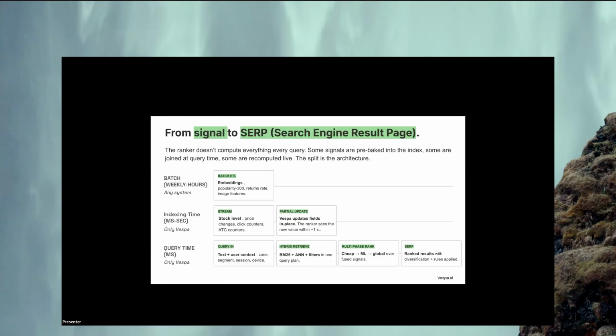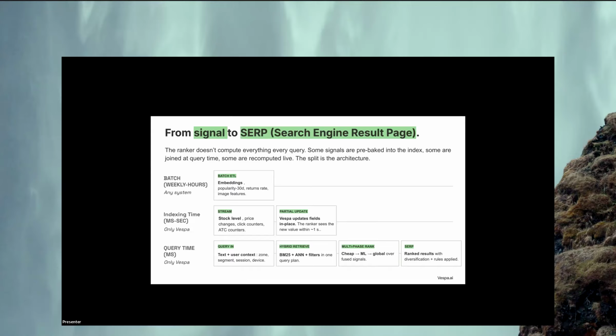These fields become inputs during re-ranking, right? And then we can apply rules like rank lower items that are low in stock, or don't rank at all those items that are out of stock, or boost items whose click through rate just spiked.